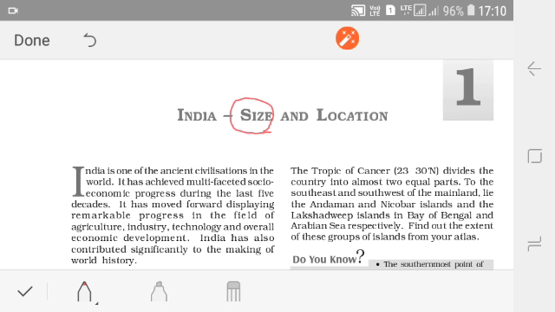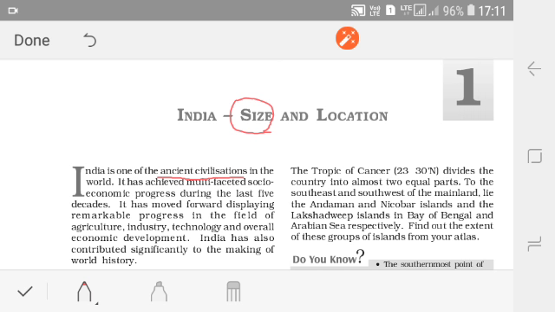Now, in the first line, you see it is given ancient civilization. India belonged to the Indus Valley civilization, about which you have learnt in class 6, that on the banks of the Indus River the civilization developed.